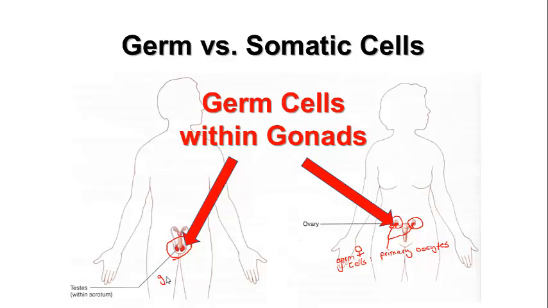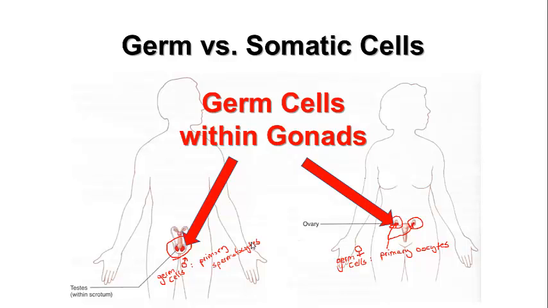All right, so the germ cells here in the male gonads, the testes, are the primary spermatocytes.